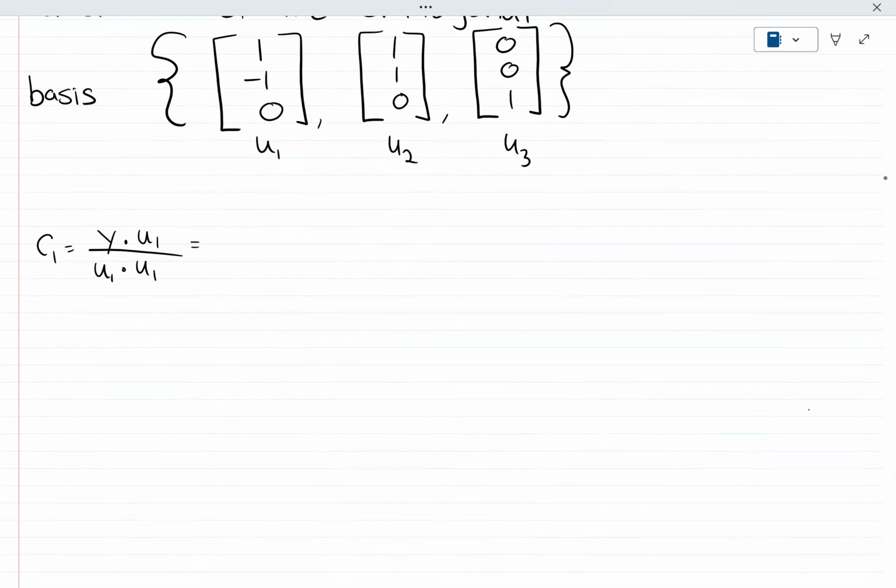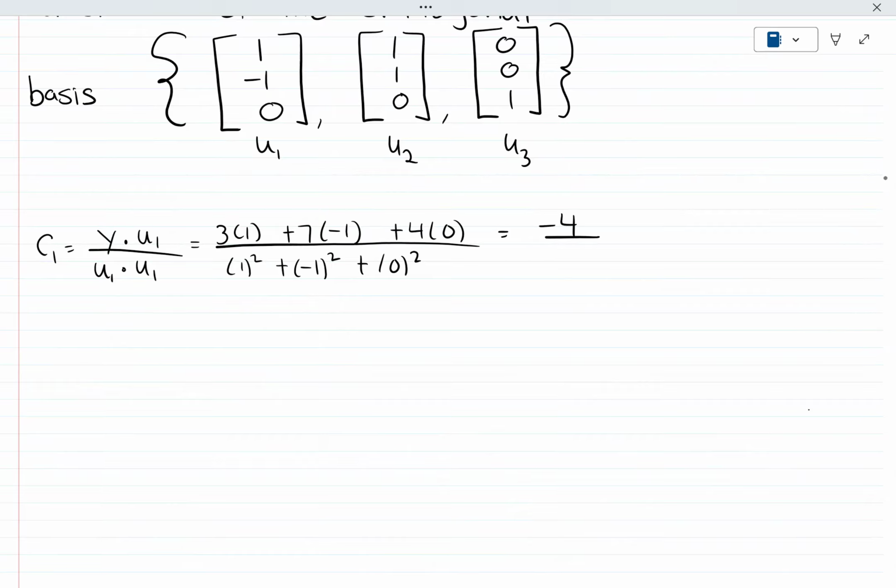On the top, y times u1 is 3 times 1 plus 7 times -1 plus 4 times 0, all over u1 times u1, which is 1 squared plus (-1) squared plus 0 squared. When you put it all together, on the top you get -4 over 2, and -4 over 2 is -2.